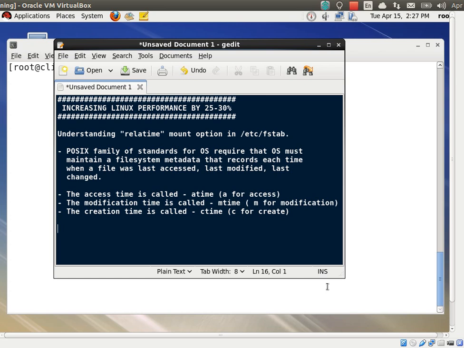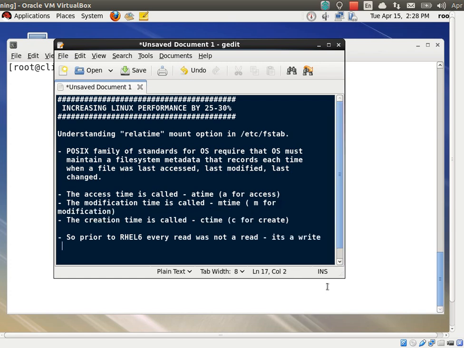But so prior to RHEL 6, every read was not a read. It's a write operation, right?